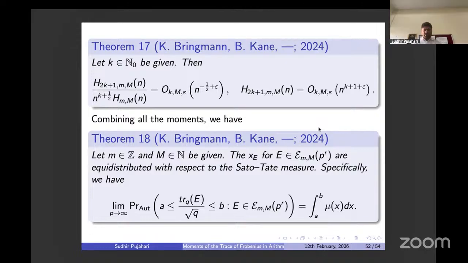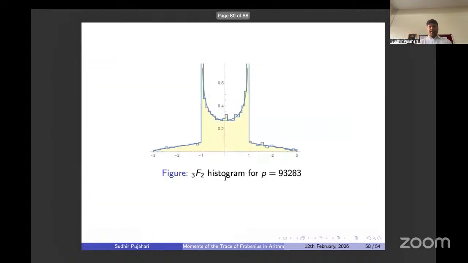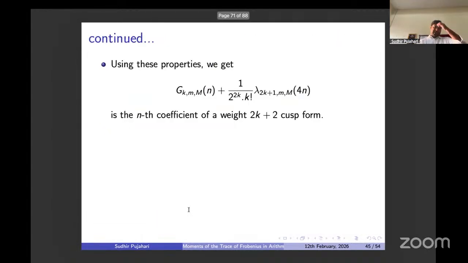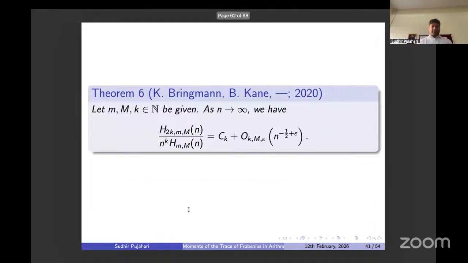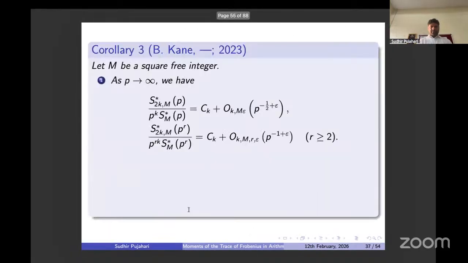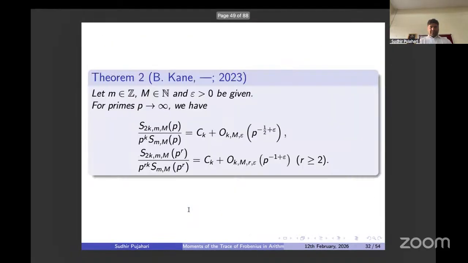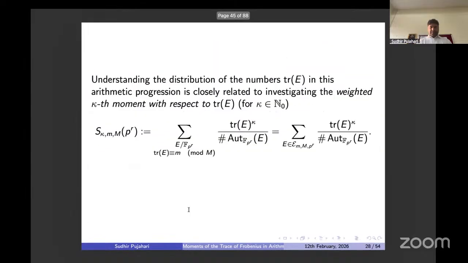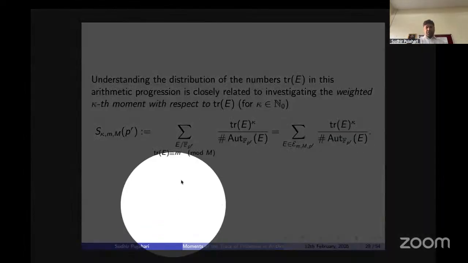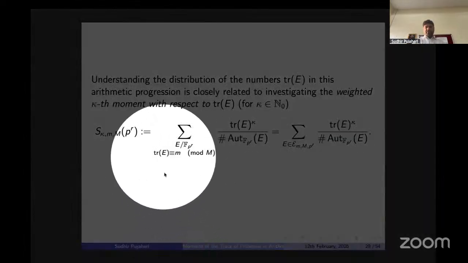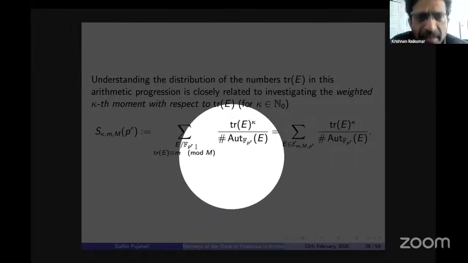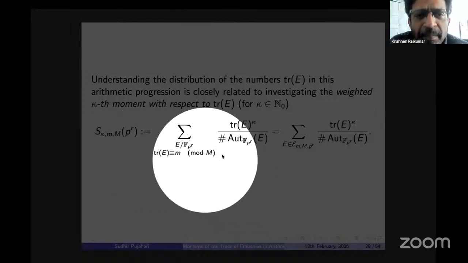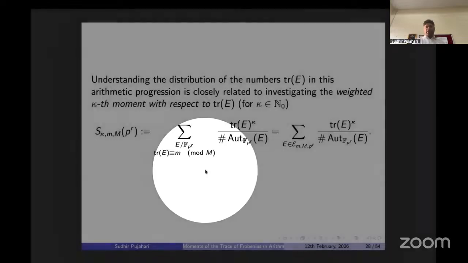Yes. So what we are looking at, basically, like earlier, maybe let me go back. So this theorem I mentioned earlier also. Basically what we are doing, we are looking at those elliptic curves whose trace of Frobenius obeys this arithmetic progression or this congruent condition.